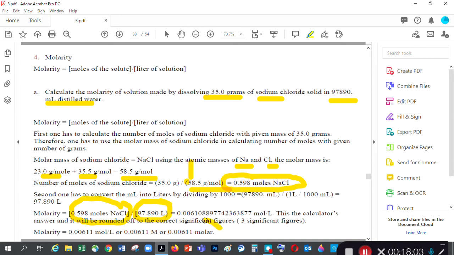So three ways to express the molarity unit: mole per liter, capital M, or molar.